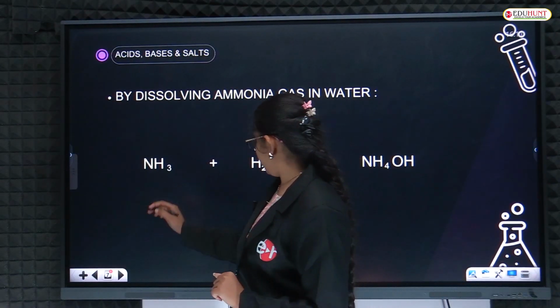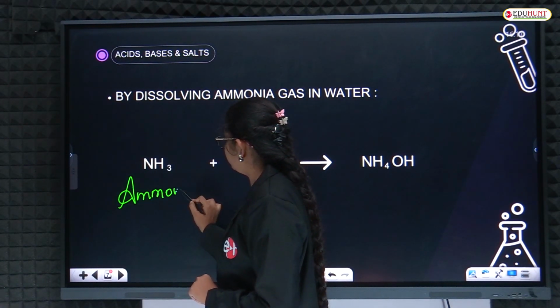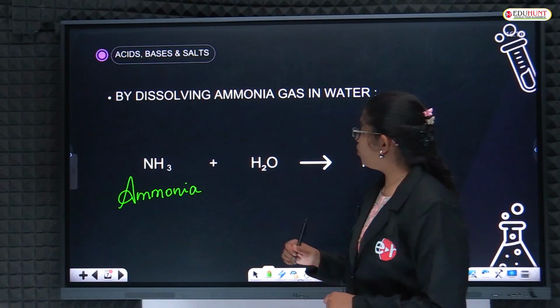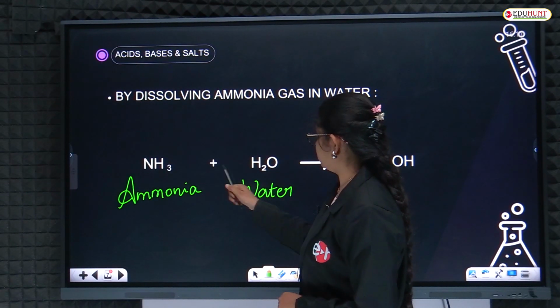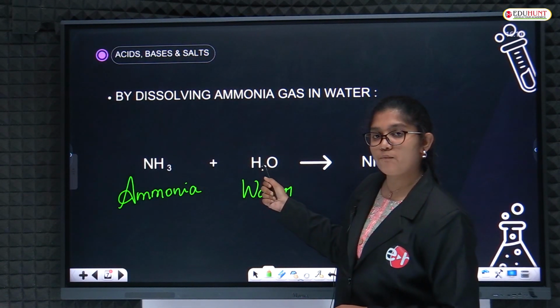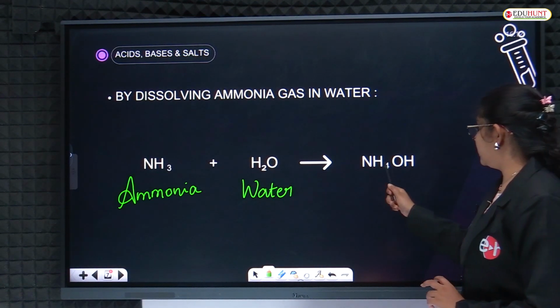So this is named as ammonia, NH3. Children, what is that? Ammonia. To this, what are we adding? We are adding water molecule. Only one water molecule. So one molecule of ammonia and one water molecule. What do we get? That simple process. What is that? NH4OH.